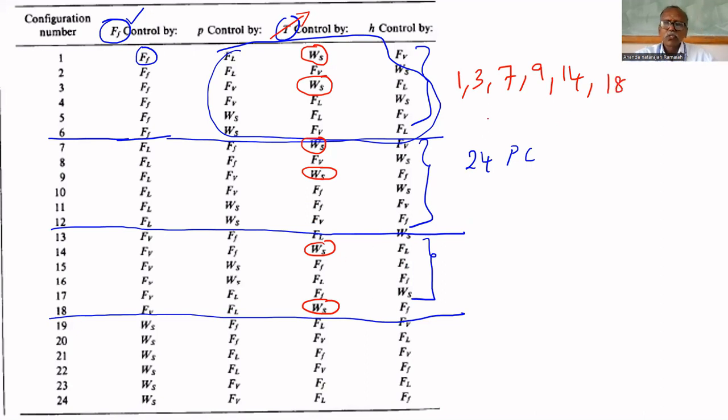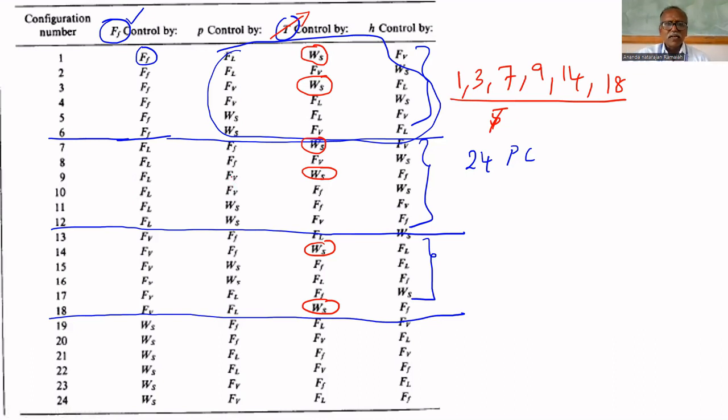That's all. So out of 24, 6 combinations will give temperature control by steam flow rate. That's why out of the 6, we have to select only one.